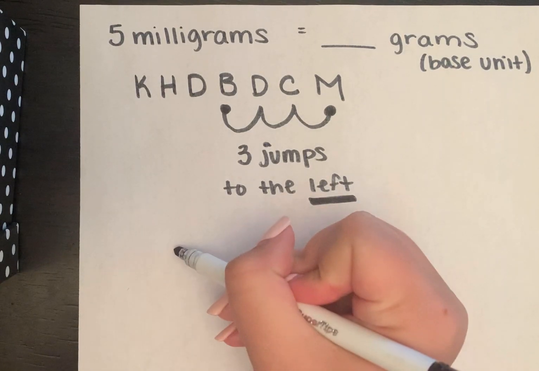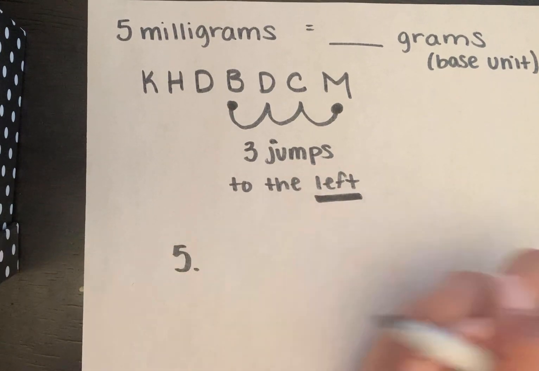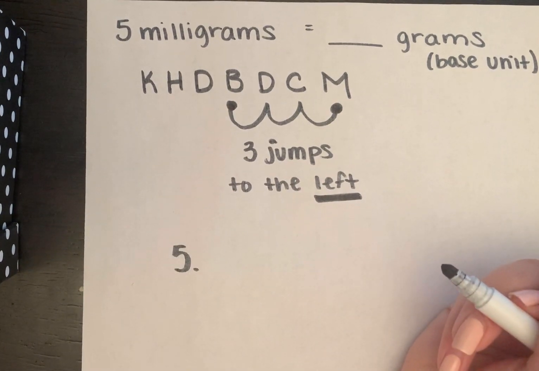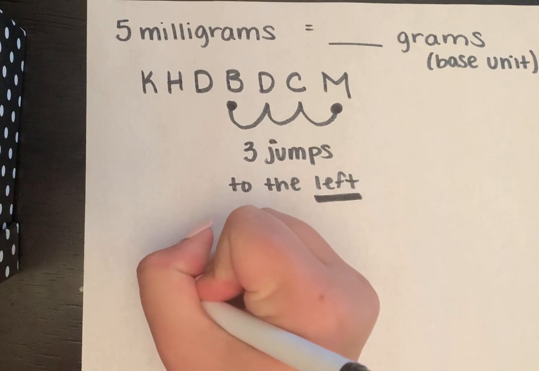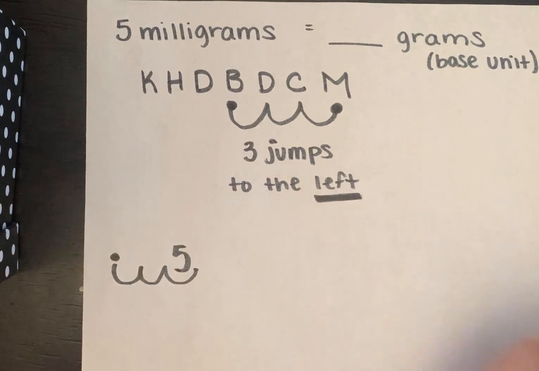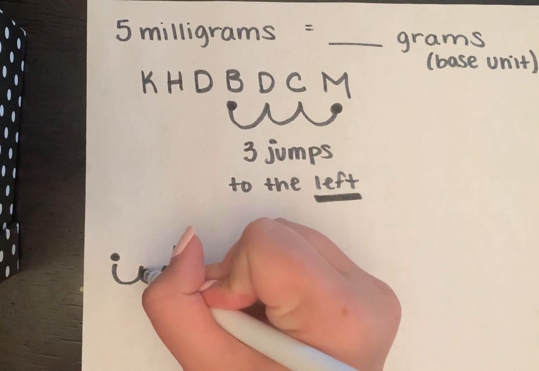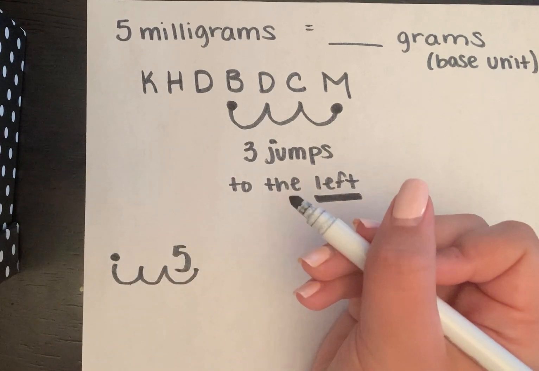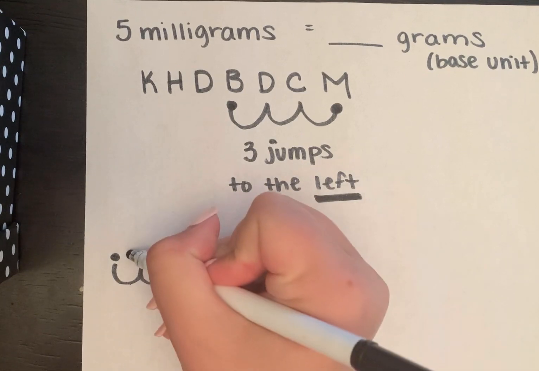If I have 5 milligrams, my decimal point is always right there, even if it's invisible. I'm moving 1, 2, 3 jumps to the left. That is where my decimal point is moving. Now I fill in these little spaces with zeros.